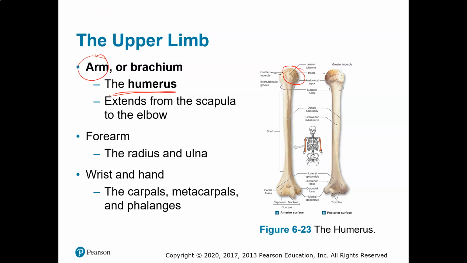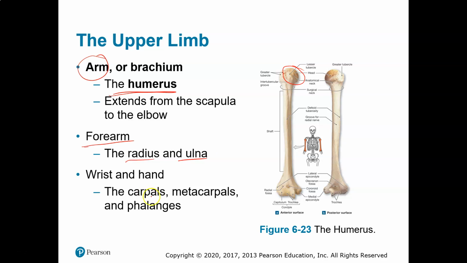When you say arm in anatomy, you're referring to the upper arm only, the brachial region. The forearm is a separate part, and you specifically have to use the term forearm, and it contains two bones, the radius and the ulna, which we'll look at in a minute.